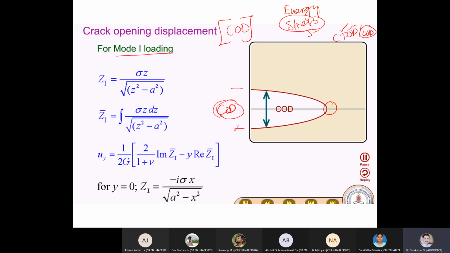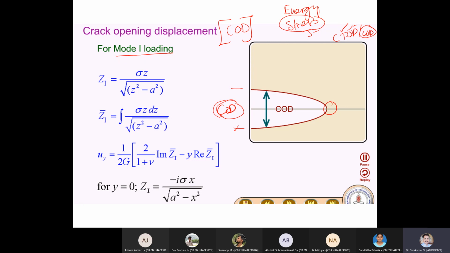Slowly we have extended to mode 3, and mode 2 also we will come. But very elaborately we will see in the stress intensity techniques, we will see mode 2 and all very elaborately.